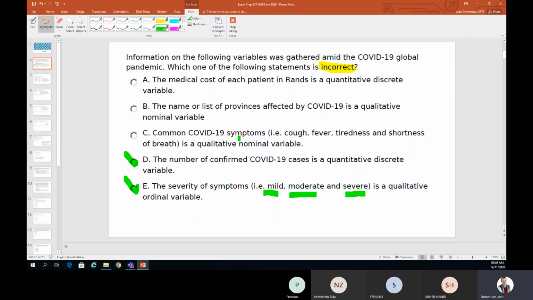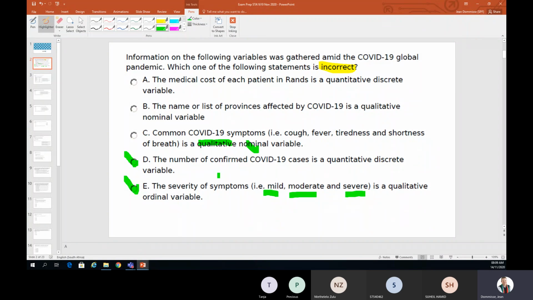Common COVID-19 symptoms, cough, fever, tiredness, and shortness of breath, is a qualitative measurement, which is right. So qualitative is right. Nominal is also right because there's no order in this one.